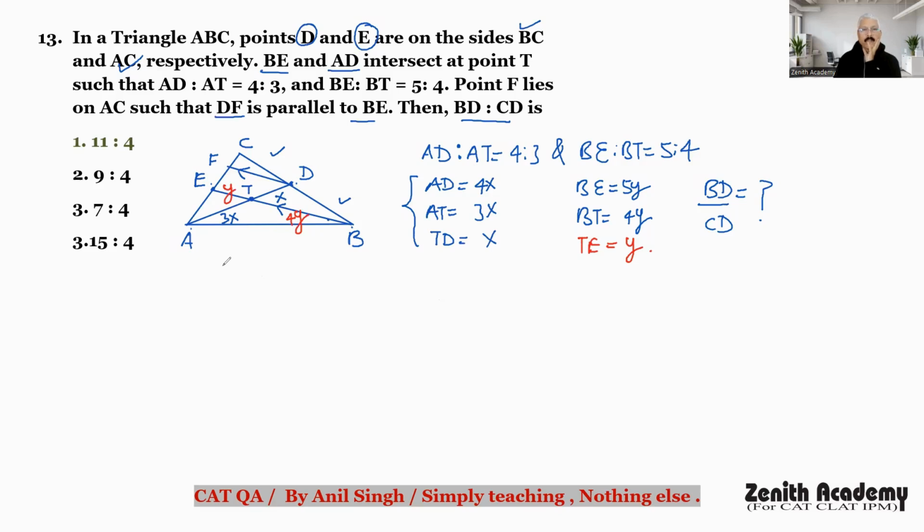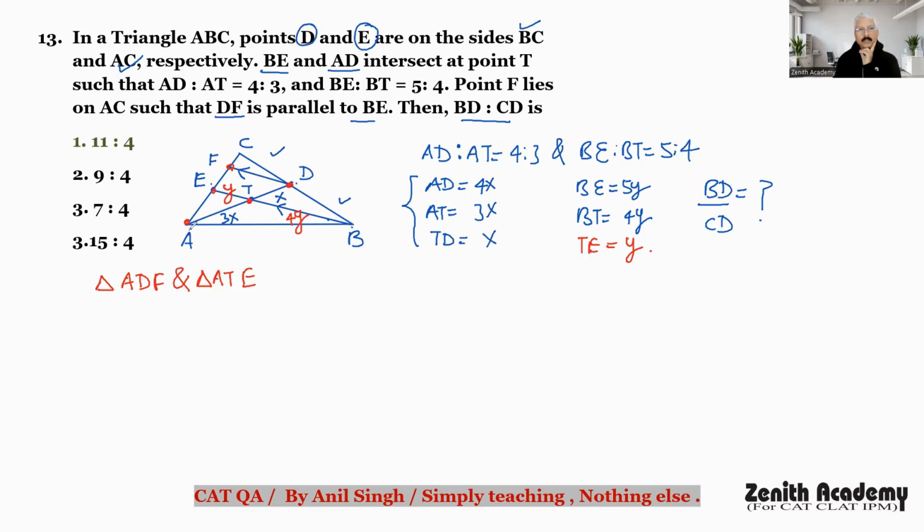Now see, this line FD is parallel to BE. It means triangle ADF and triangle ATE. This TE side of triangle ATE is parallel to the FD side of triangle ADF.